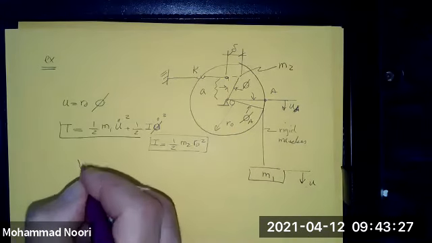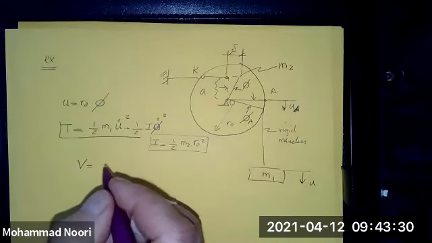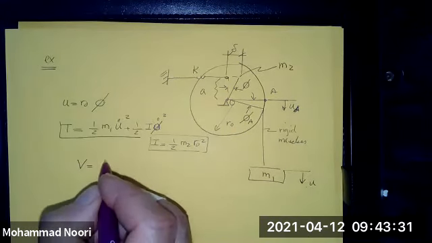How about potential energy? The potential energy is that which this spring is experiencing, which is 1/2 k delta squared. You may say, how about the potential energy of this mass? If u is very, very small, I'm going to ignore that mg times u, which is the potential energy of this mass.